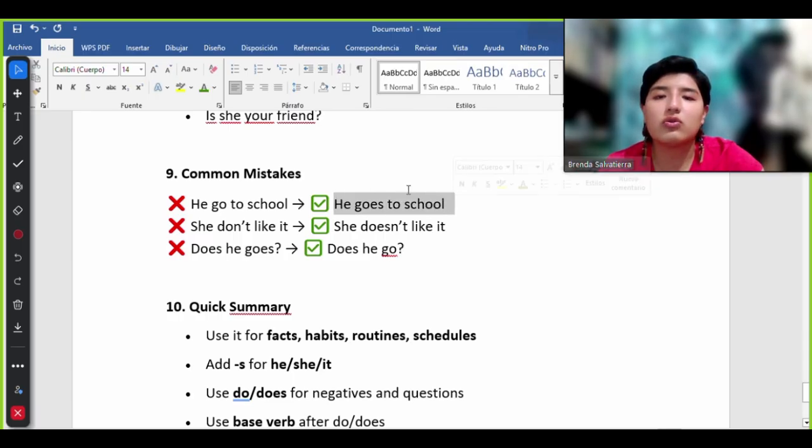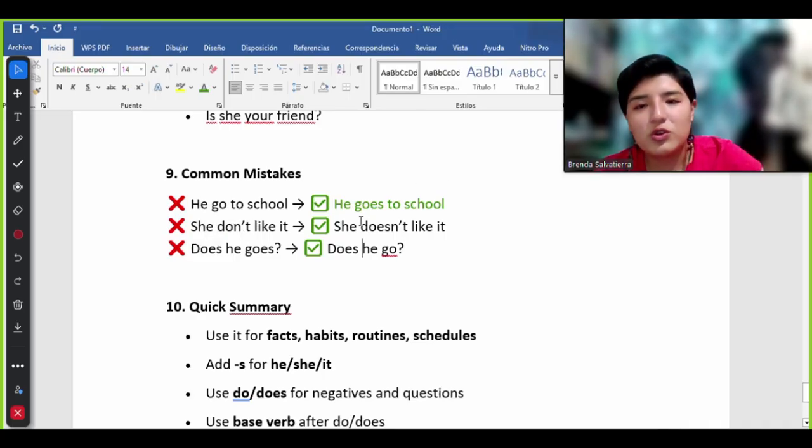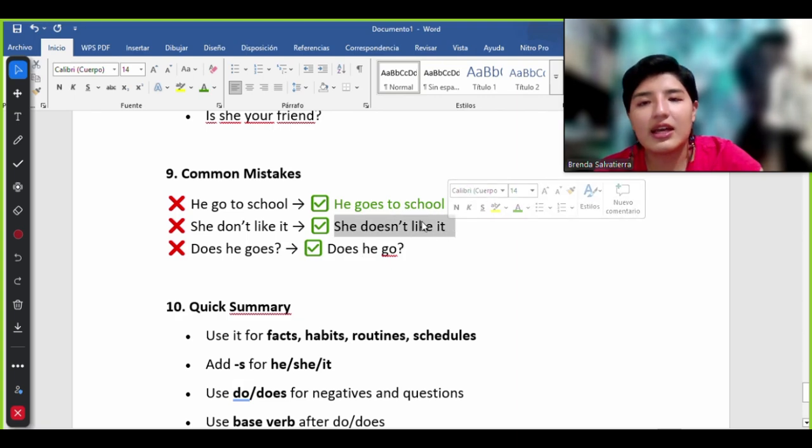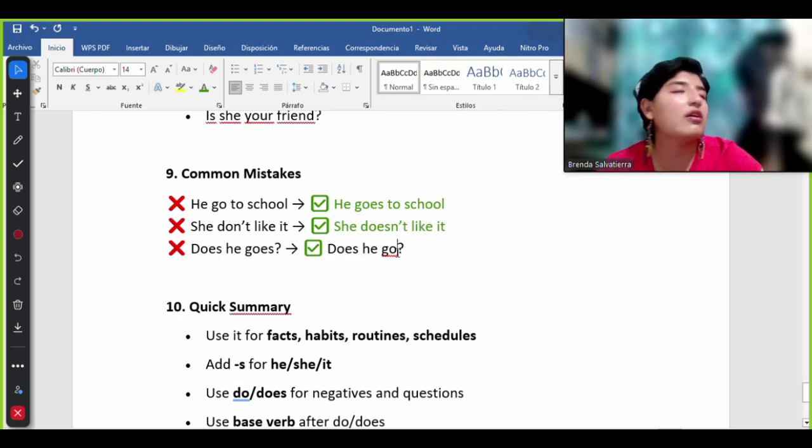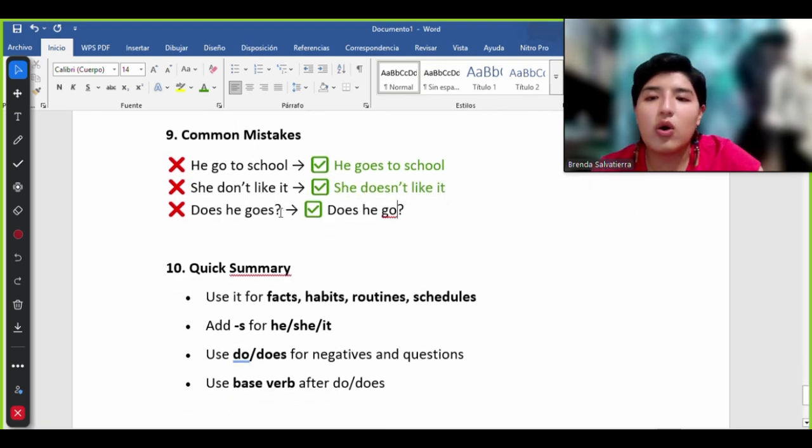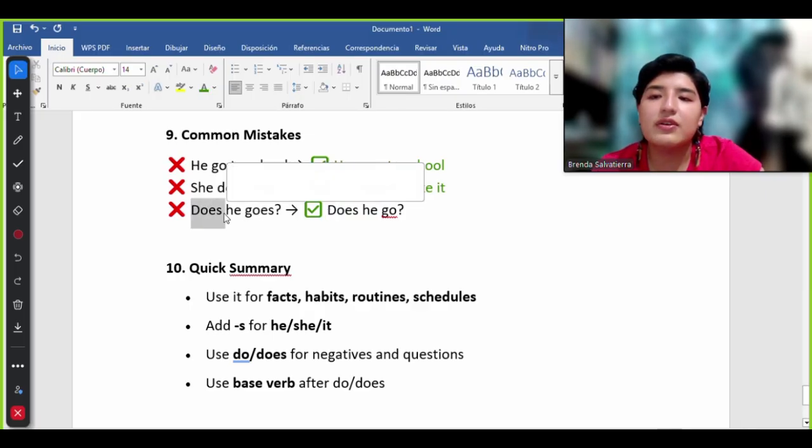He goes to school. This is right. Okay, she don't like it. This is third person singular, so we don't use don't. We use doesn't. She doesn't like it, and then the verb in the base form. Does he goes? After using the auxiliary does, the verb goes back to the base form.